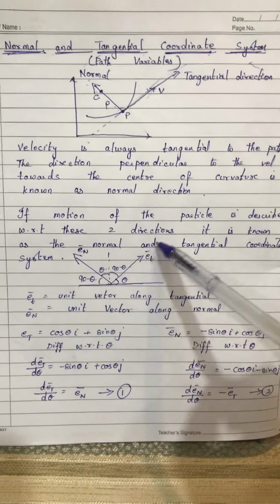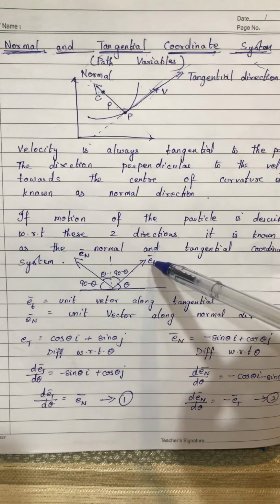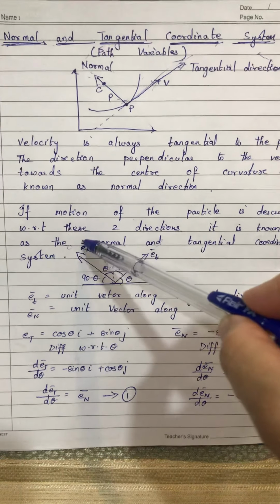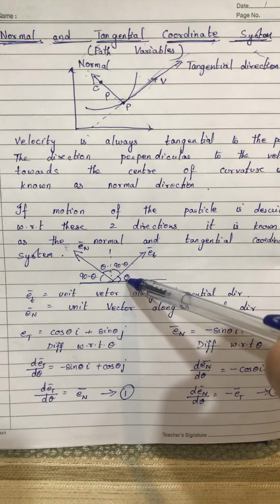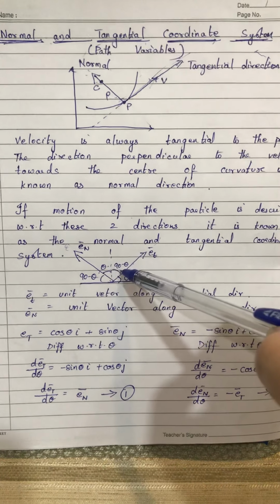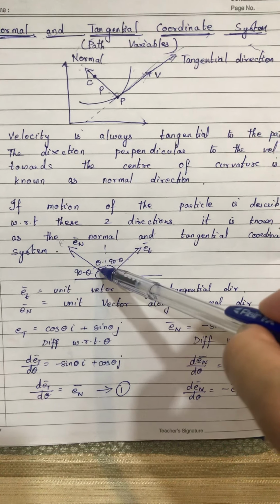Now consider the position vector along the tangential direction is et, position vector along the normal direction is en. Suppose et makes an angle theta, then this entire thing is 90 plus 90 and this will be 90 minus theta.